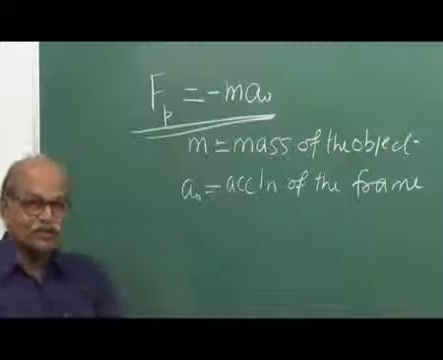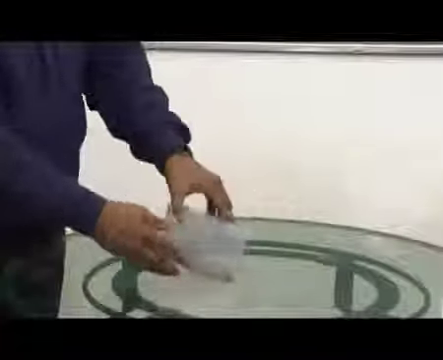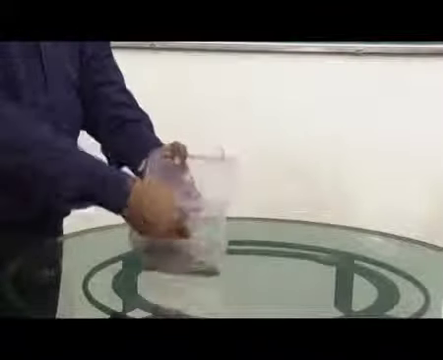So let us do an experiment on this. Here is a plastic box, and in this box what I have put is some kind of these pulses, and this is all spread on the base, and I close the lid. This slab is our inertial frame and it is stationary.